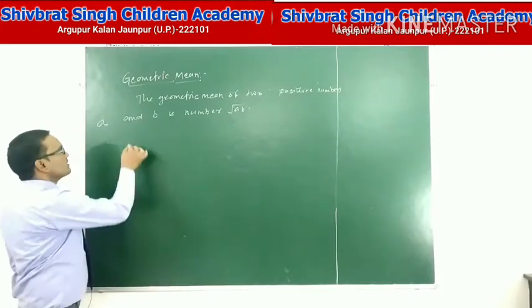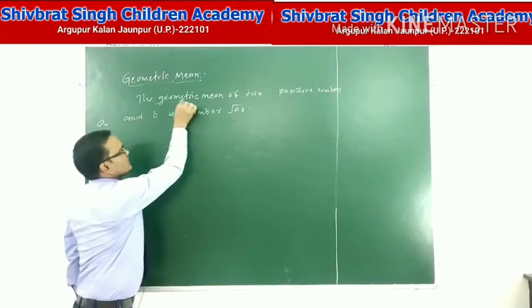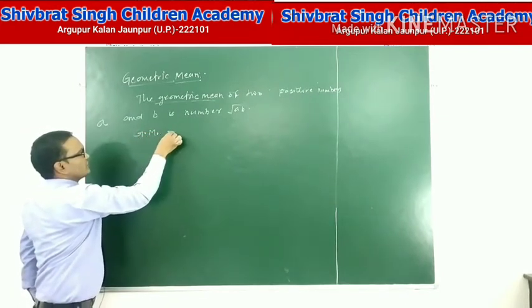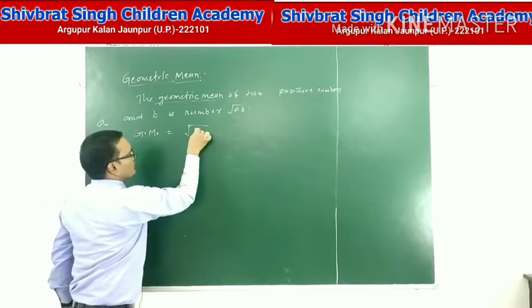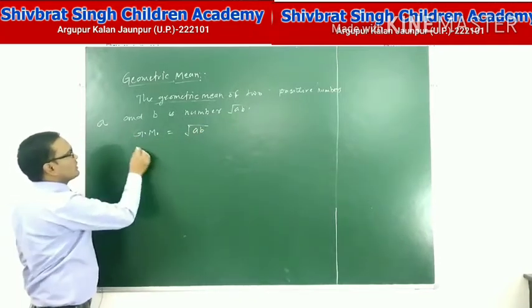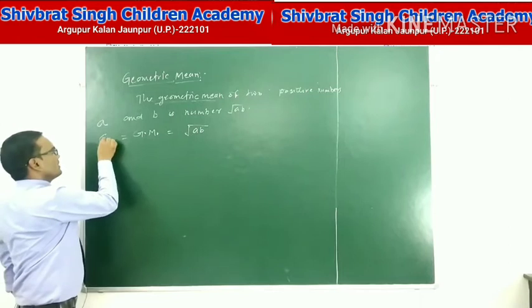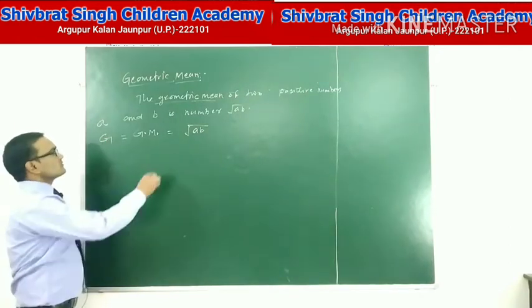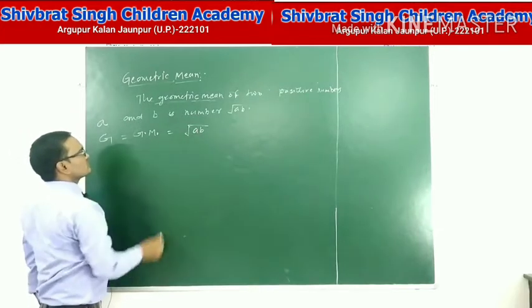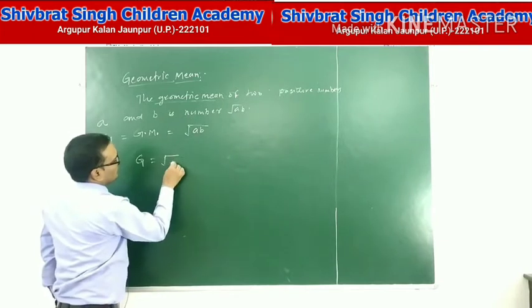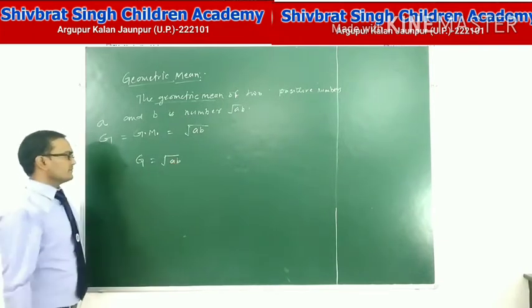That means geometric mean, abbreviated as GM, is equal to square root ab. Also this GM is denoted simply by a capital letter G. G equal to square root ab.